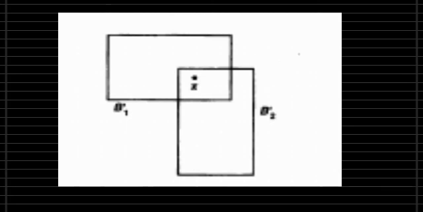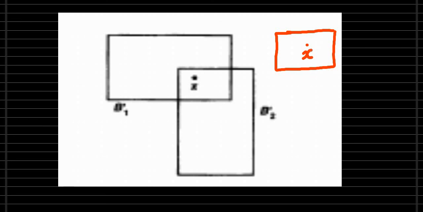See here, if x is any point in the plane, then obviously we can draw a rectangle whose sides are parallel to the coordinate axes in such a way that it covers that point x, as it is shown here.